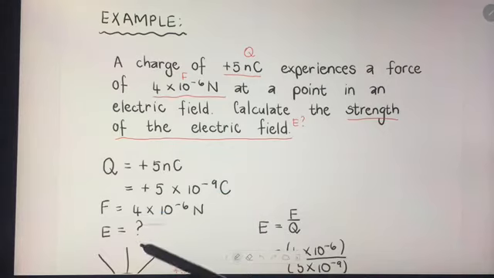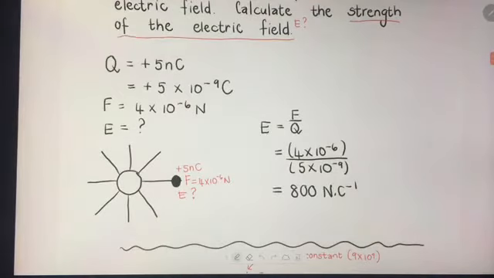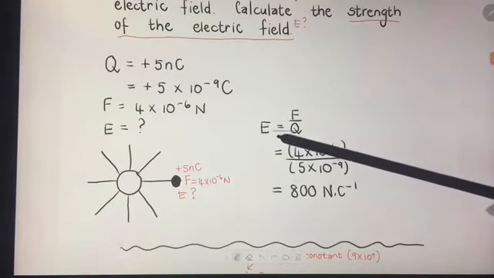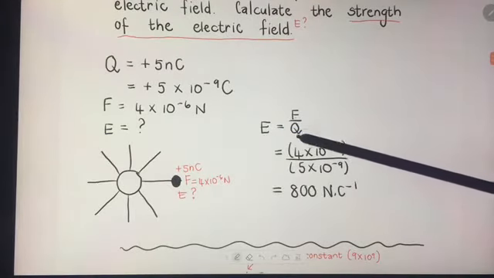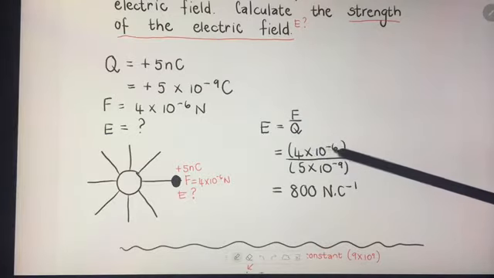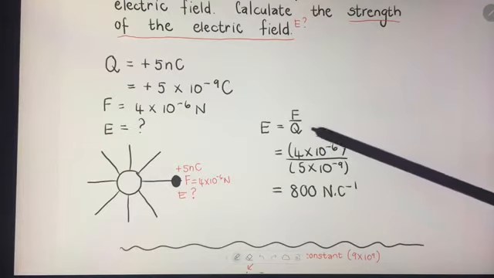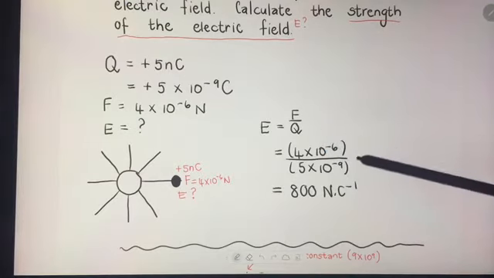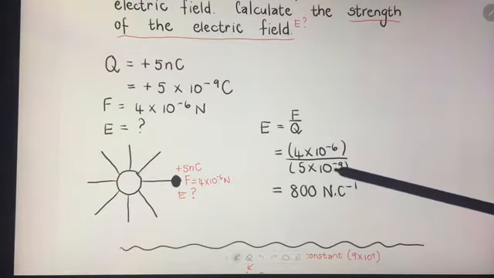I've got the force, and I want to work out the strength of the field. Electric field strength is equal to force divided by charge. The force was given as 4 times 10 to the power of negative 6. The charge we've converted to coulombs, so 5 times 10 to the power of negative 9, which gives us an answer of 800 newtons per coulomb.